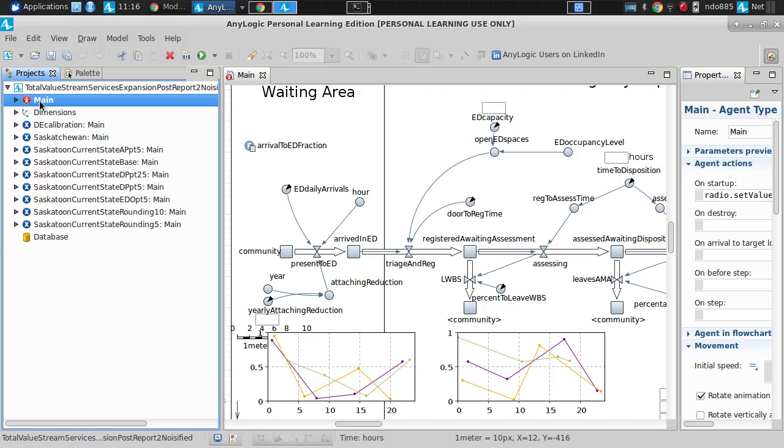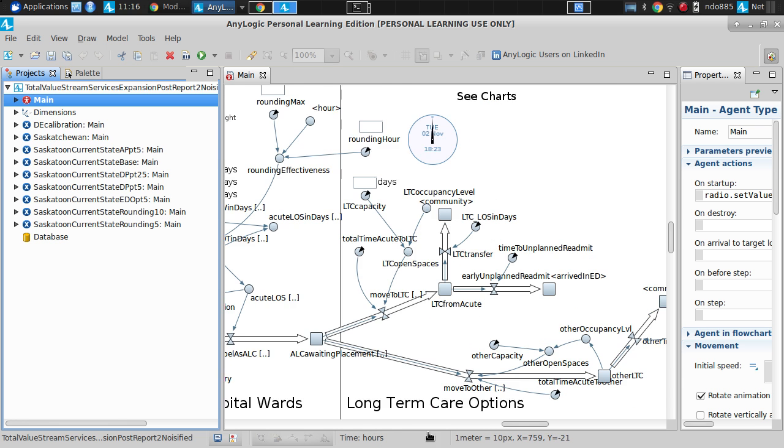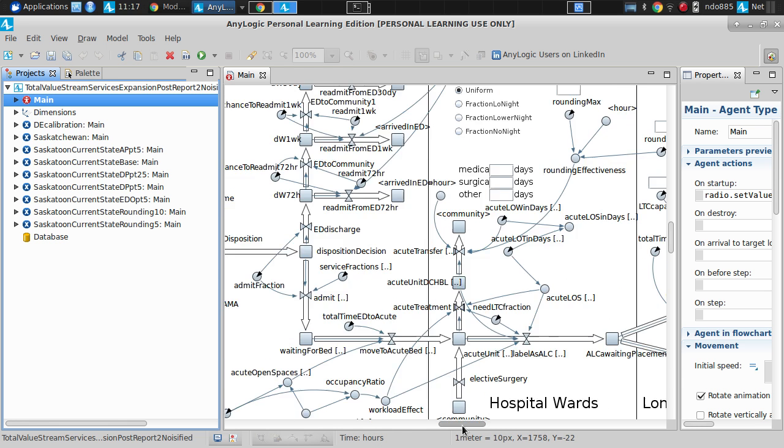Here are some that are assessed and awaiting disposition by a doctor. They've been seen by a clinician, and they're awaiting disposition.